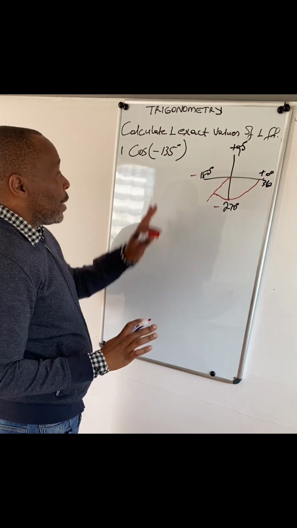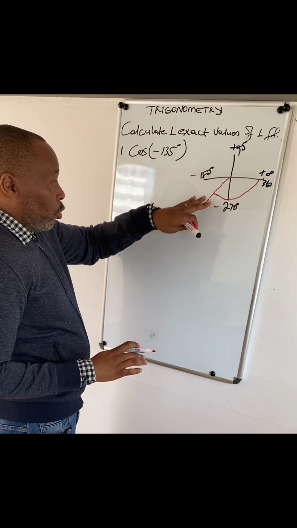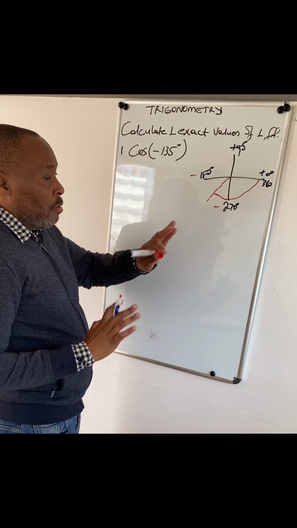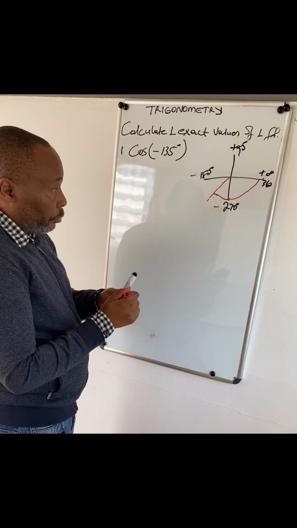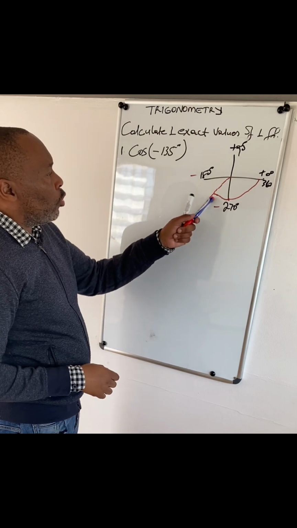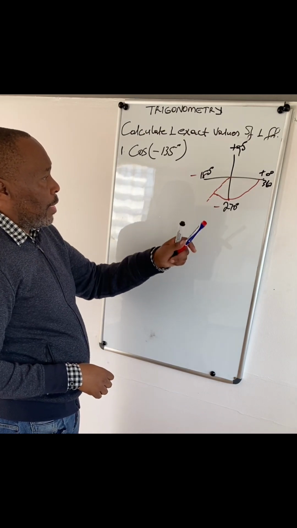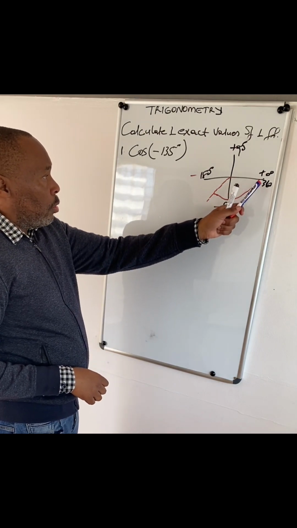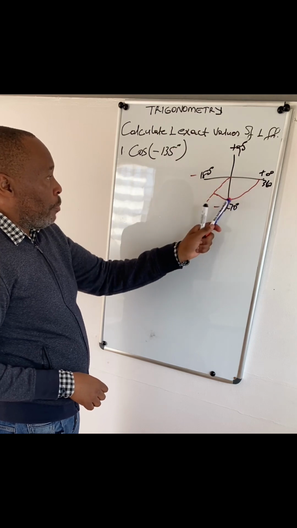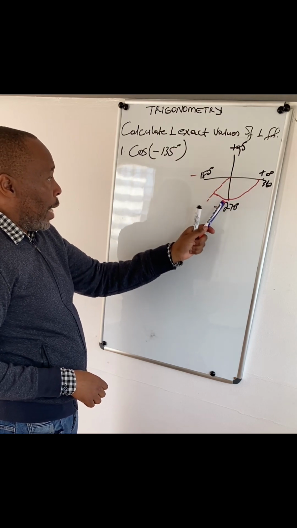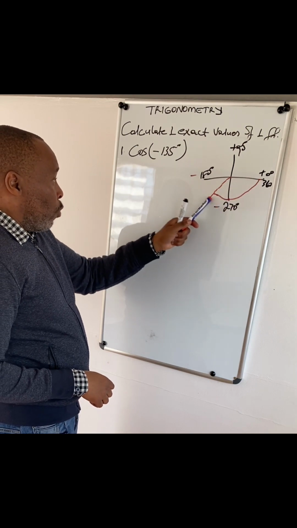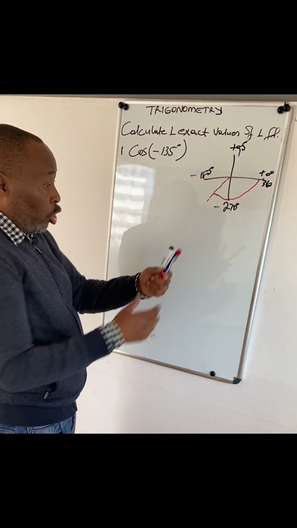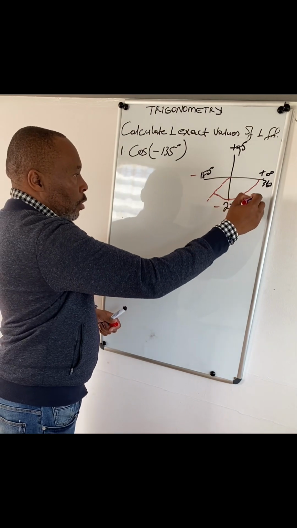If you don't understand what is happening, it's best you do this to give yourself a clear picture of whereabouts you should be. If you are not sure which angle this is, but you know 135 is above 90, so it's somewhere around this, because you are coming from this side and you're going negative, which is clockwise.